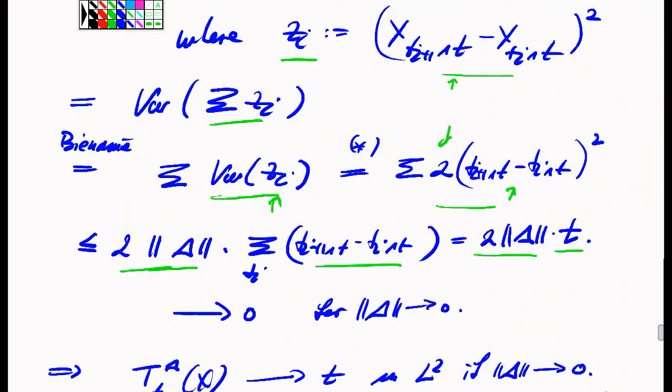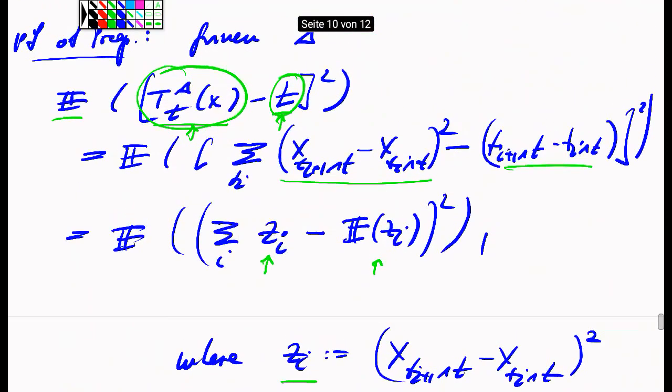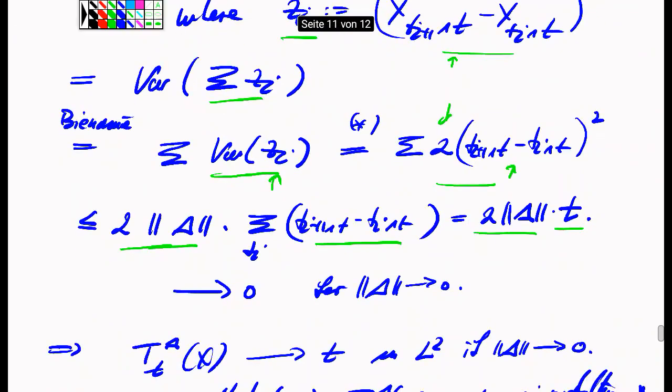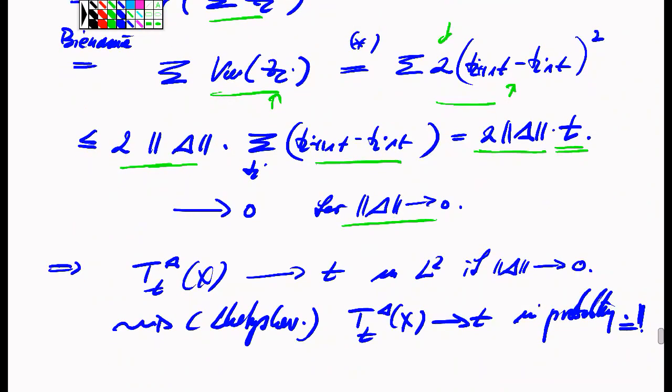So in total, I obtain that the L2 difference between this quantity T delta and the deterministic number T is bounded from above by twice the mesh size of the grid times the parameter T, which of course tends to 0 when the mesh size tends to 0. And therefore I have proved that this T delta quantity converges to the deterministic number T in L2 if the mesh size tends to 0, which in particular implies also a convergence in probability by the Chebyshev inequality.